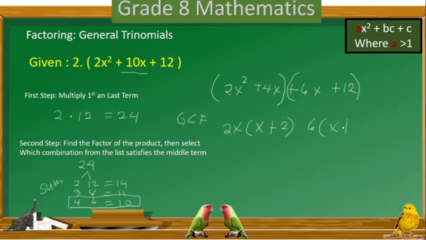Then copy the sign. Then 12 divided by 6 is 2. Okay, next we will copy this common factor, x plus 2, then this one and this one, 2x plus 6. Okay, this is the answer now.